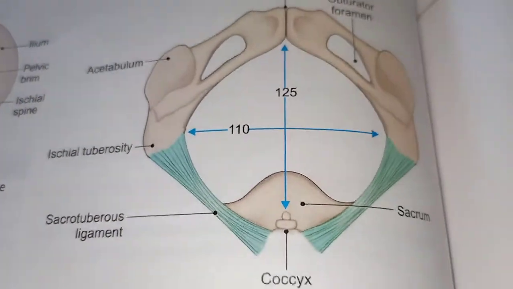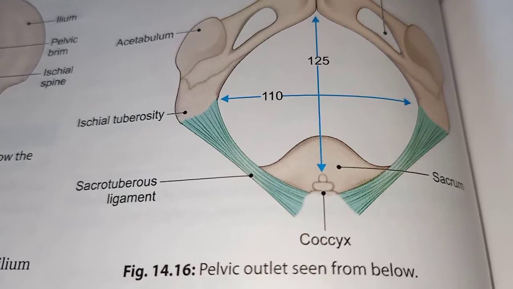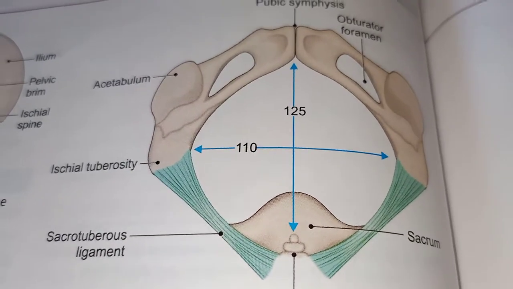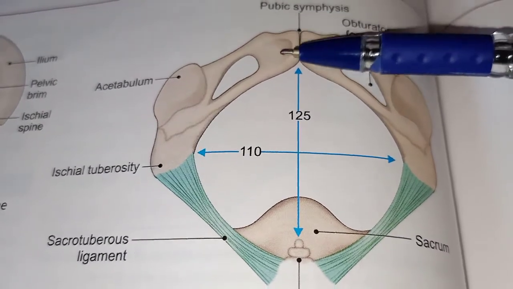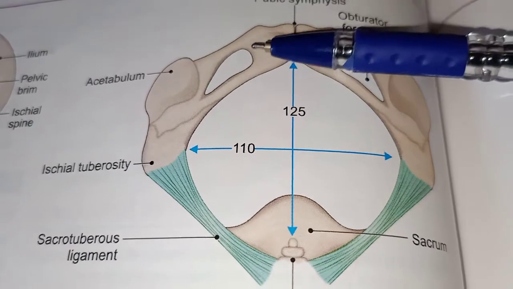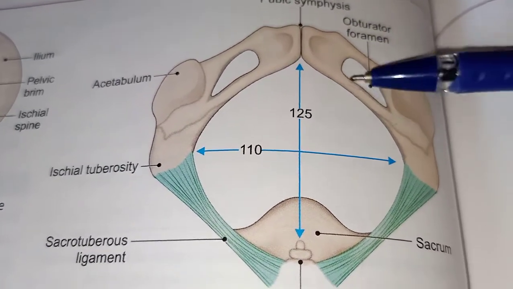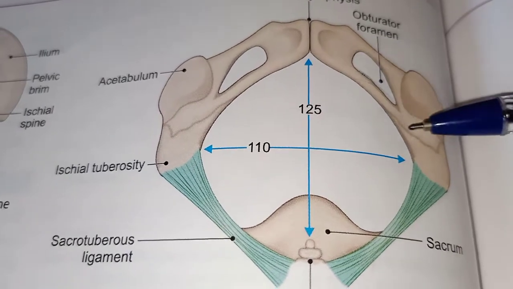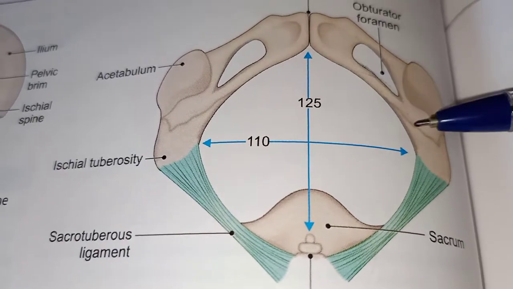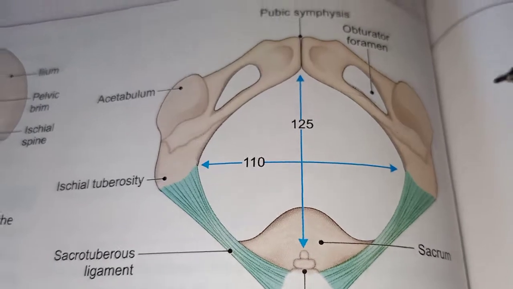Now what is forming the pelvic outlet? If we see in the front, anteriorly is the presence of the pubic arch, the ischiopubic rami, then the greater and lesser sciatic notch, then the ischial tuberosity.